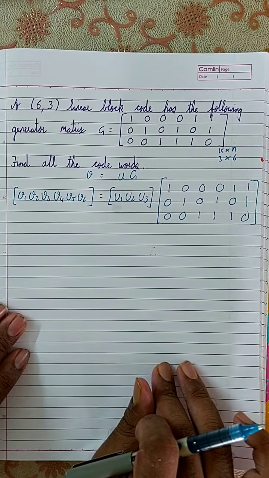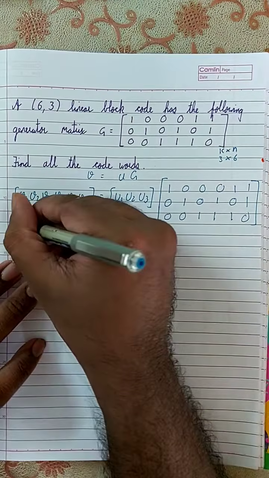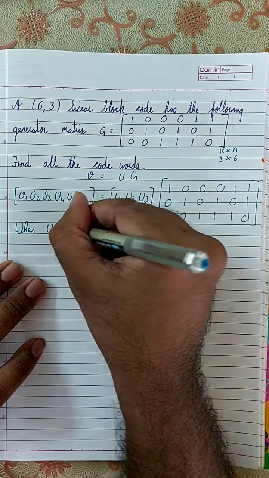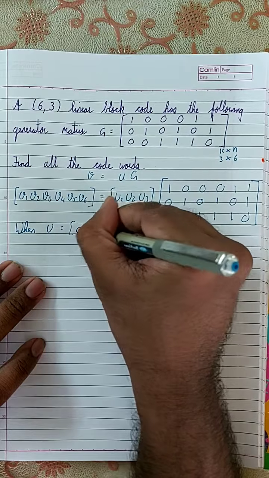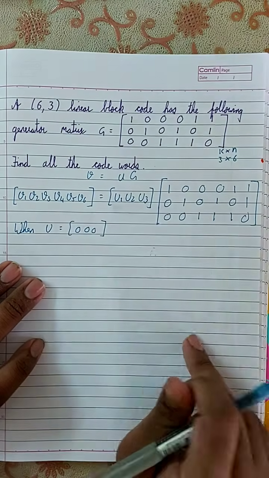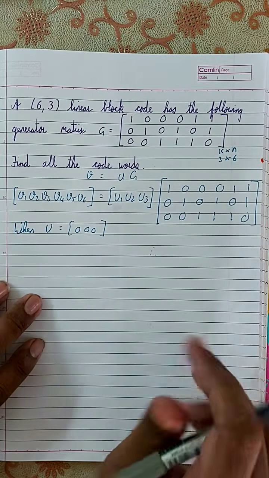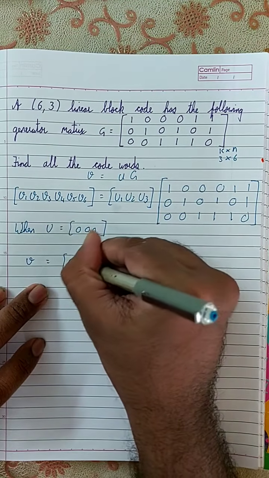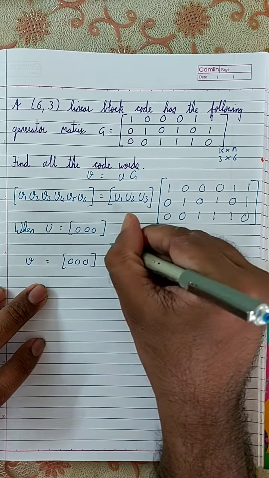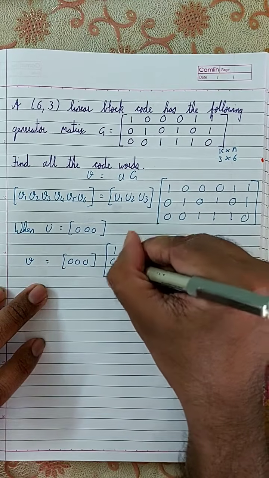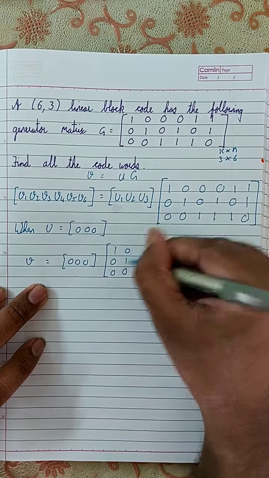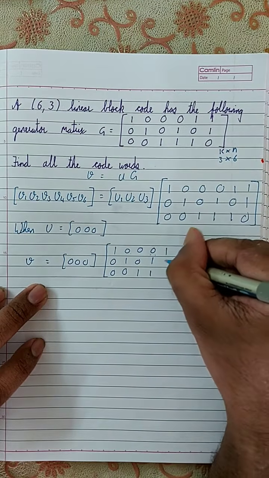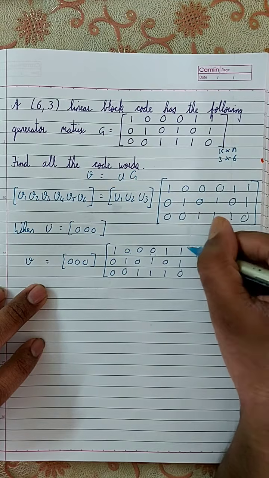When U is equal to 000, that is the first message, then V is equal to 000 into 100, 010, 001, 011, 101, 110.